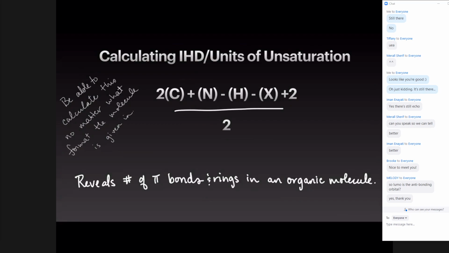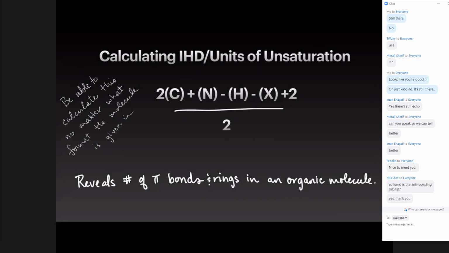On the MCAT, you may have to calculate the index of unsaturation of the molecule. So be able to calculate this no matter what format the molecule is given in. Does that make sense?